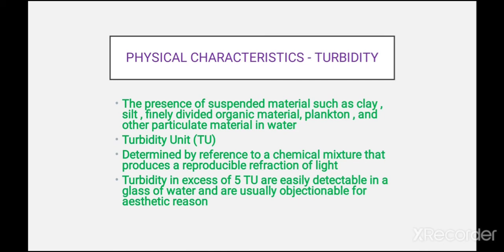Turbidity in excess of 5 turbidity units is easily detectable in a glass of water and is usually objectionable for aesthetic reasons. So 5 TU is the acceptable limit for drinking water. That is about turbidity.